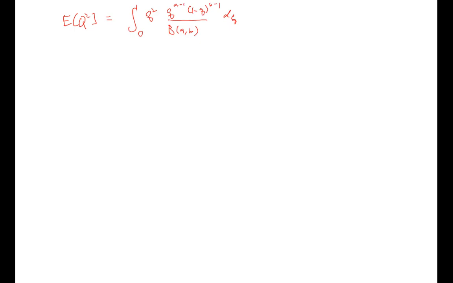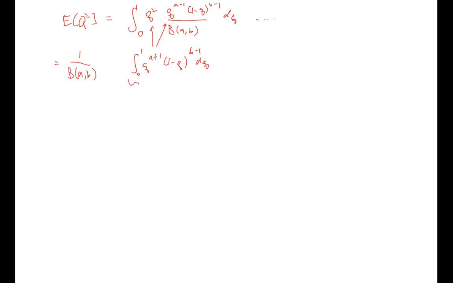It's more or less the same as what we did earlier. So anyone able to complete that? I can absorb this into this one here, so I have Q^(a+1) instead, (1-Q)^(b-1) dQ from 0 to 1, and I can write 1 over B(a,b) here.